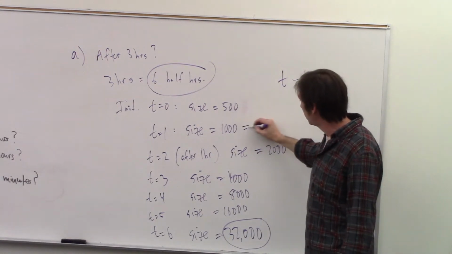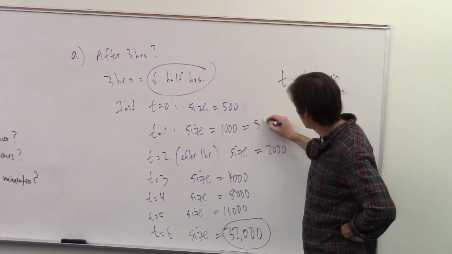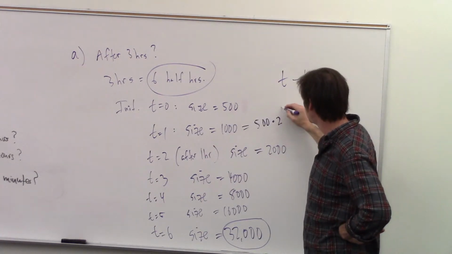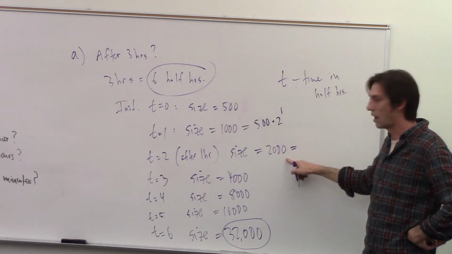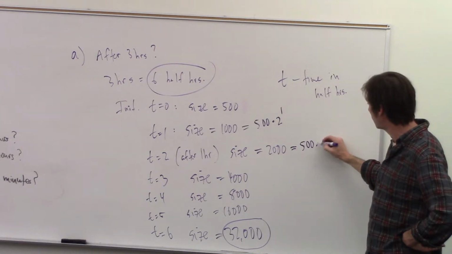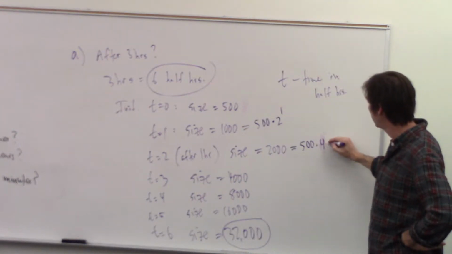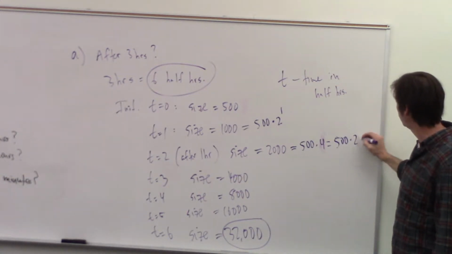When T is 1, the size is 1,000. I can write 1,000 as 500 times 2 to the 1. When T is 2, it's 2,000. I can write 2,000 as 500 times 4, and I know that 4 is 2 to the 2. And so this is 500 times 2 squared.